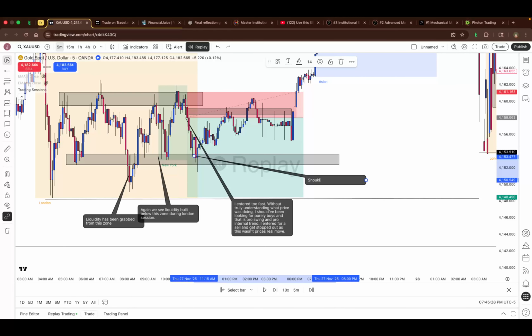I should have entered off of this liquidity sweep here. Price created liquidity and then swept and gave a confirmation candle to the upside. This was the trade to enter that followed my model.